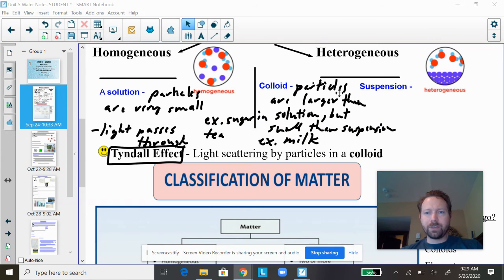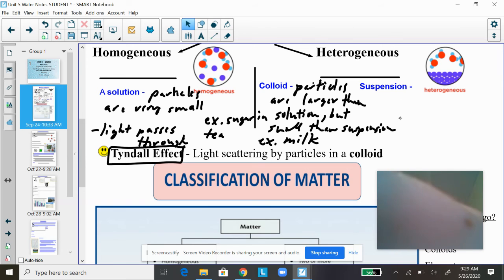Going back to our notes here for a second, the last part is a suspension. As you probably guessed, a suspension is where we have the largest particles. So let's put a little divider here. Particles are large.